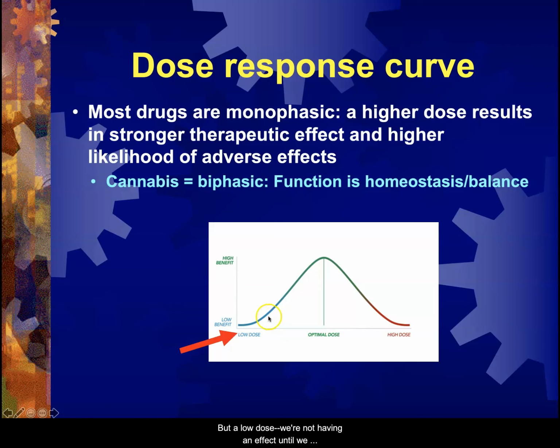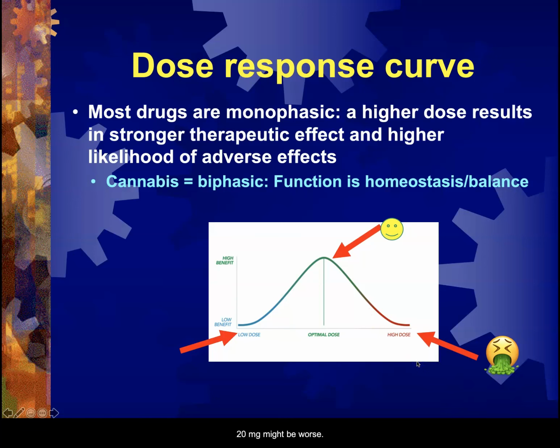As we increase our dose, look, we're having an effect, hooray, we're starting to feel something until we reach optimal dose. So it's not the highest dose we can possibly take, but for every person it's different. We take a dose, and that's our best effect. And what we see then is if you keep increasing it, thinking, well, 10 milligrams was good, but 20 would be better.